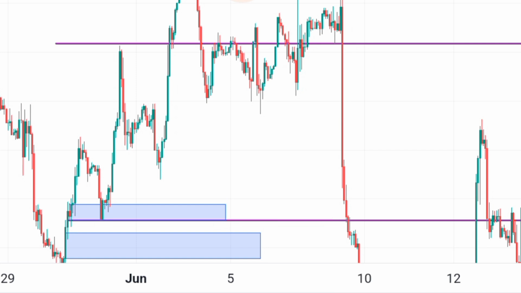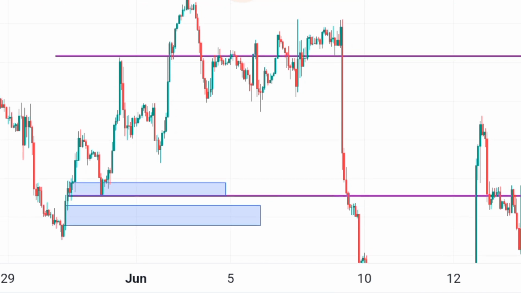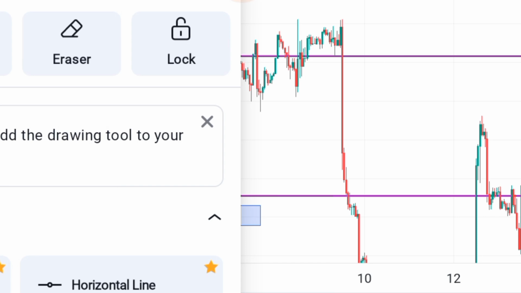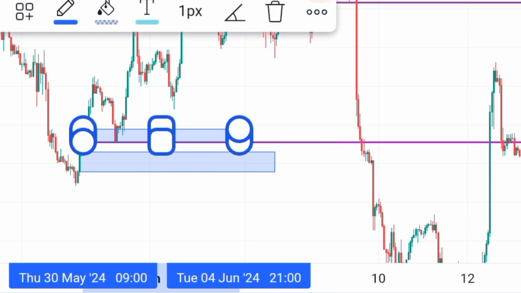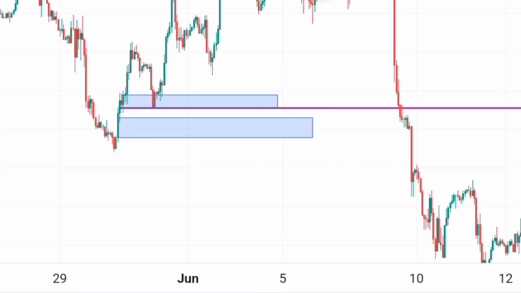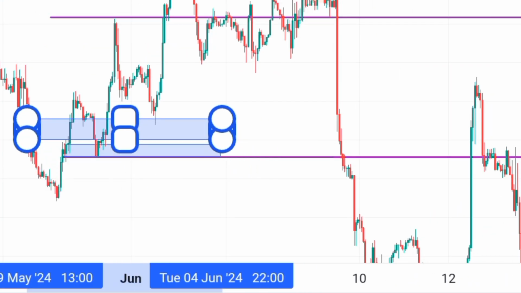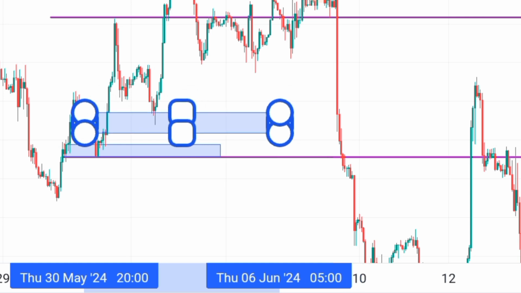When you come to your discount, you'll see that there are some gaps that were there. Let me show you here. You see that there is this fair value gap right here, and on this fair value gap there is an order block down it.